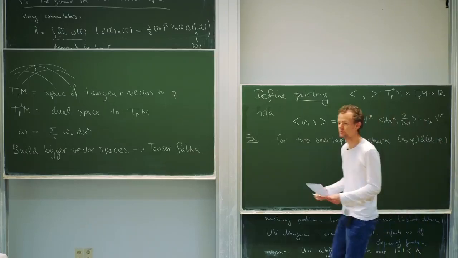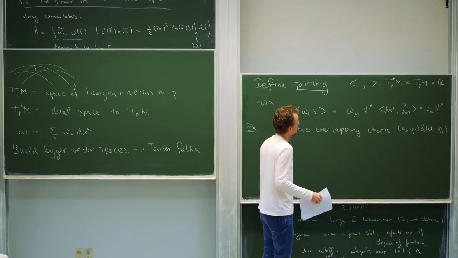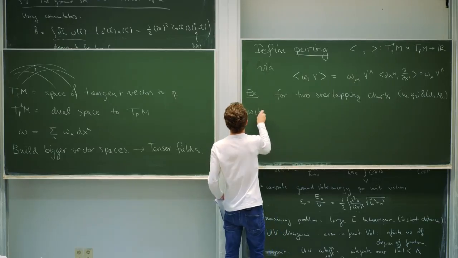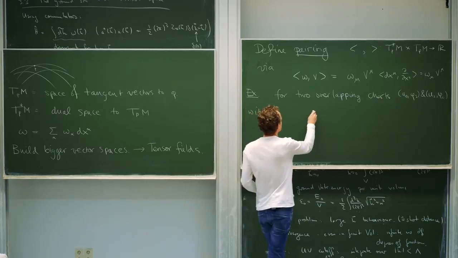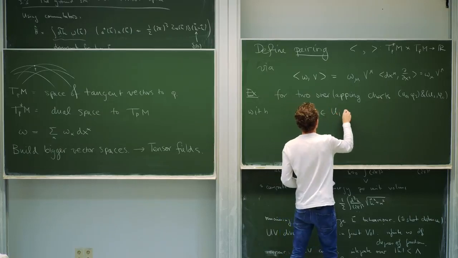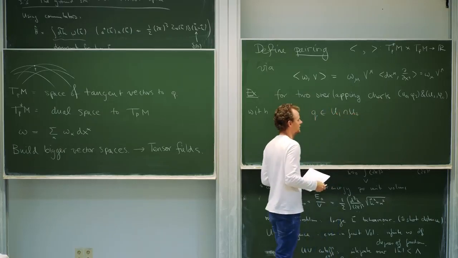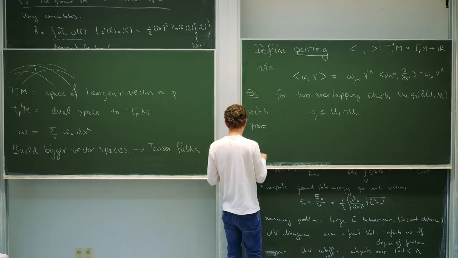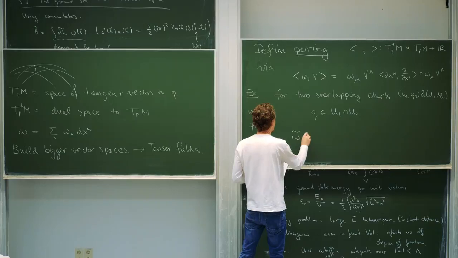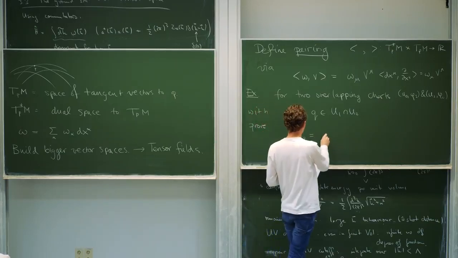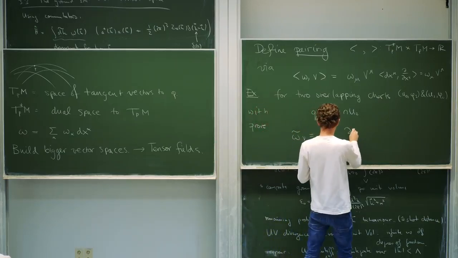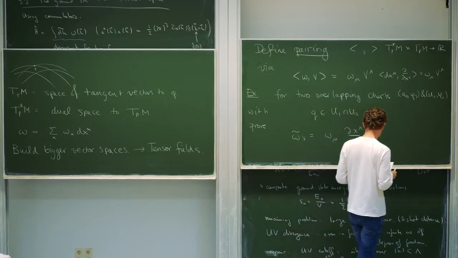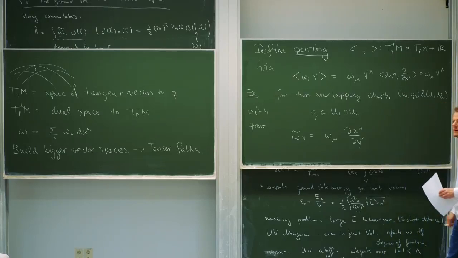So you have two coordinate charts. And you have some point in their common intersection. And then the task is to prove that the coordinates of your cotangent vector in the new coordinate system are related to those in the old coordinate system via this formula here.